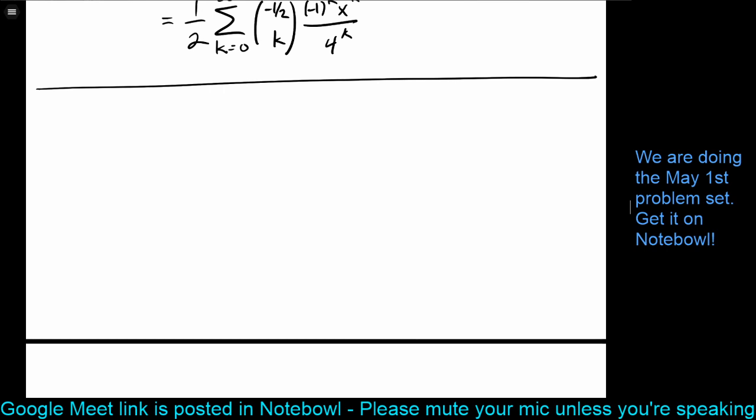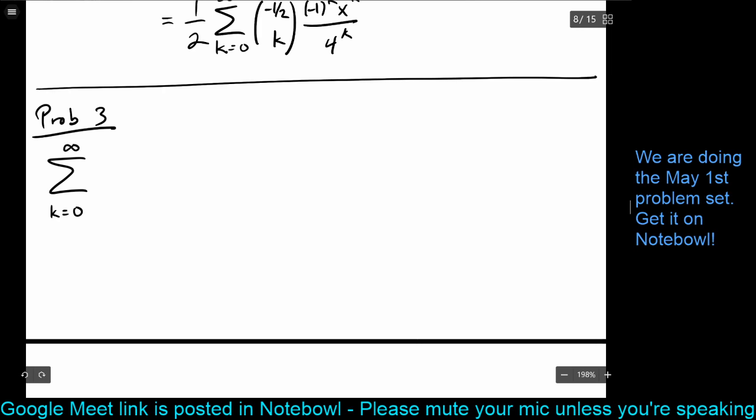All right. On that note, let's look at the next problem here before we get too far behind on this. So in problem 3 here, I want to find the sum of the series from 0 to infinity, minus 1 to the k, pi to the 2k, over 6 to the 2k, 2k factorial.